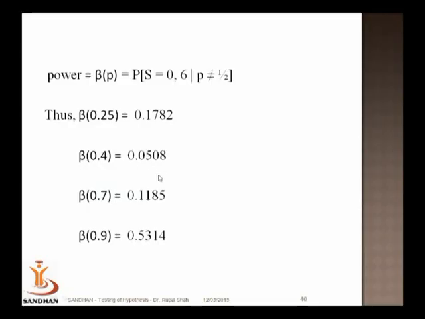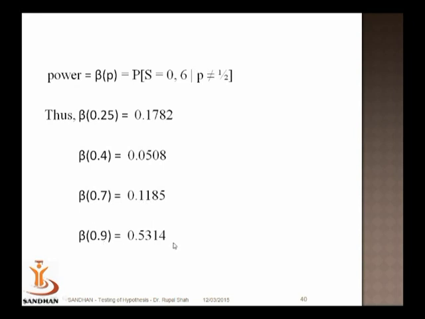Here also you can see that your threshold value, your value under H0, is 1 by 2. From 0.5, if you go in the left direction, 0.4, and from 0.4 again if you go away, 0.25, your power increases. Likewise, on the right side, if from 0.5 you move to 0.7, this is the power, and if you move further right, 0.9, again your power increases.